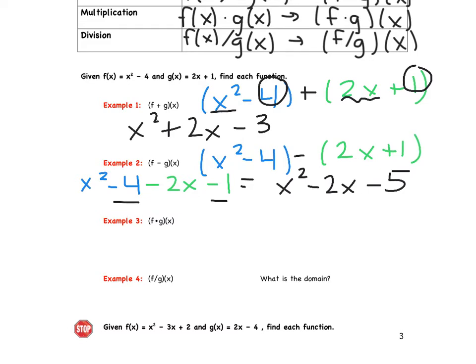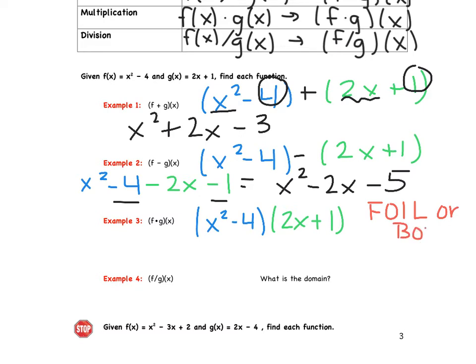Alright, example 3. We're using multiplication. So I'm going to write f of x times g of x. You can use the FOIL or box method here. I'm going to use the box method.